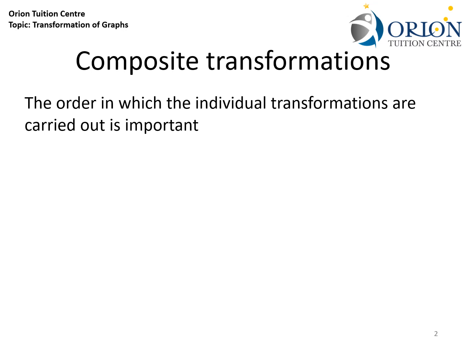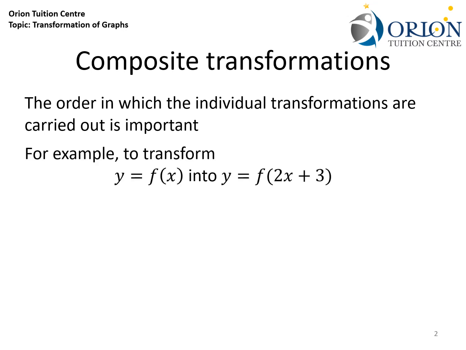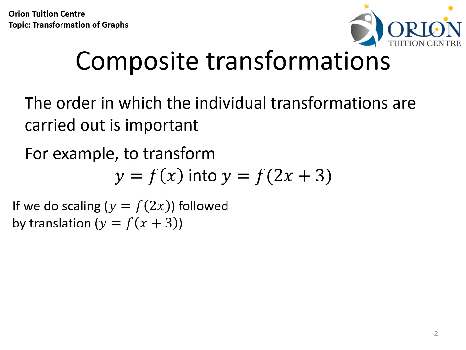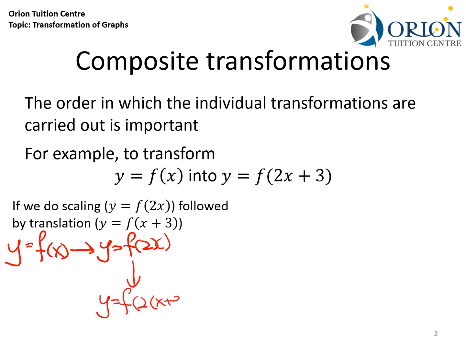Not following the correct order will lead to erroneous results, which I will illustrate using the following example, where we have to perform two consecutive transformations to transform y = f(x) into y = f(2x + 3). If we perform the scaling transformation first, meaning we take care of the 2x before the plus 3, we will have y = f(x) becoming y = f(2x), and thereafter we are going to change the x into x + 3.